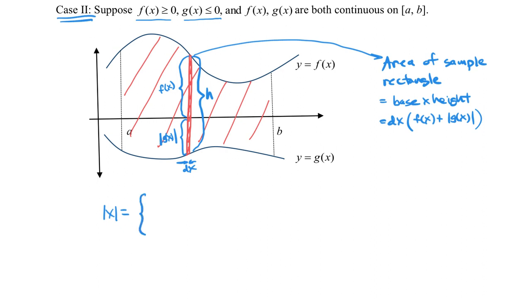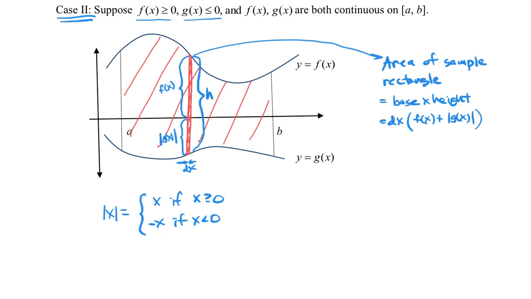It is equal to x if x is greater than or equal to 0, and it's equal to negative x if x is less than 0. Of course you can check that. If I take the absolute value of negative 3, which we know is 3, according to this, if this were a negative 3, I'm going to be down here because x is less than 0. So the answer is just going to be the opposite of x, which would be negative of negative 3, which would be 3, of course.